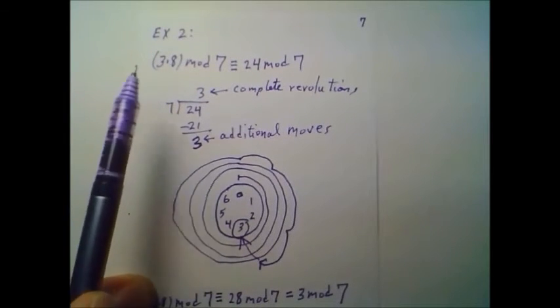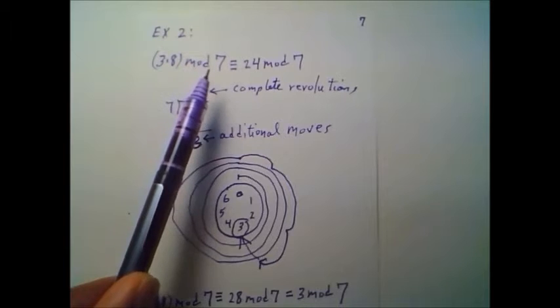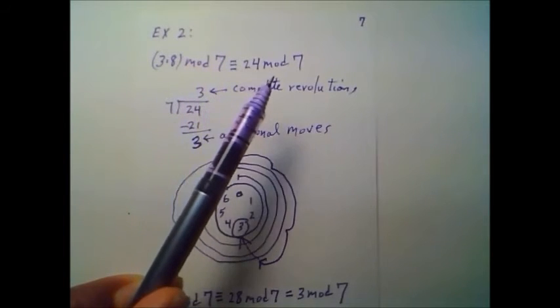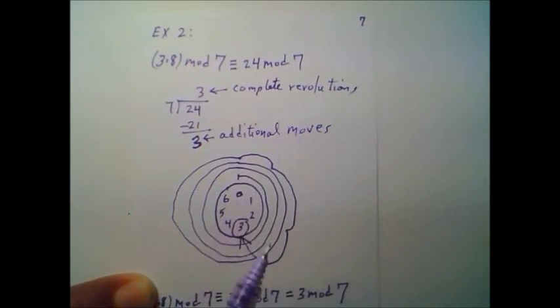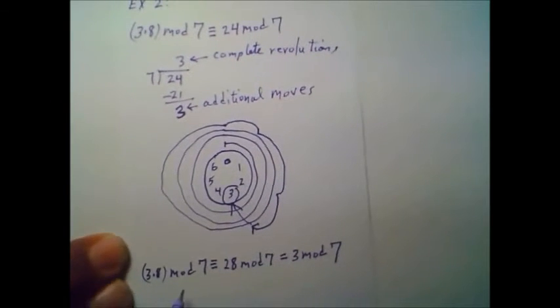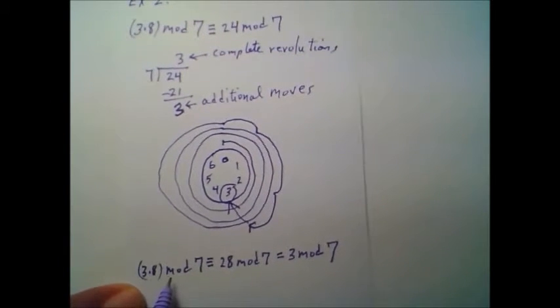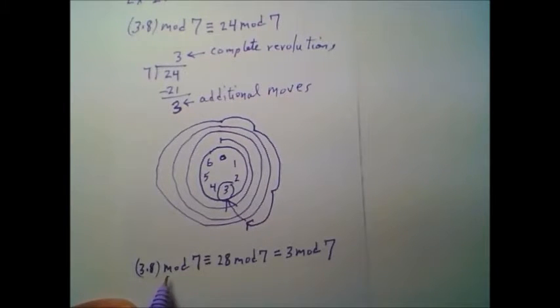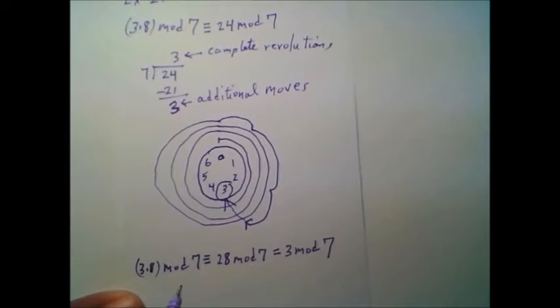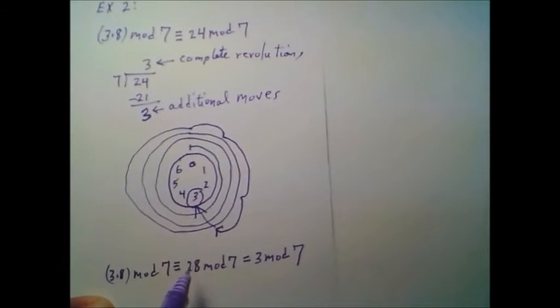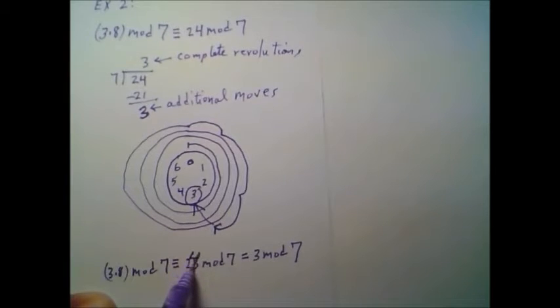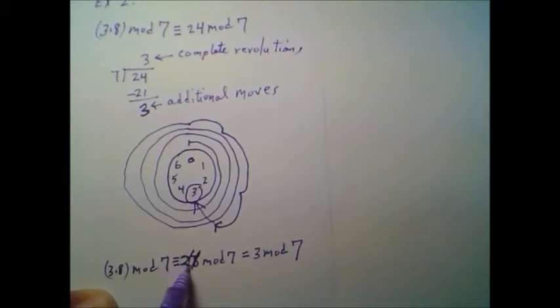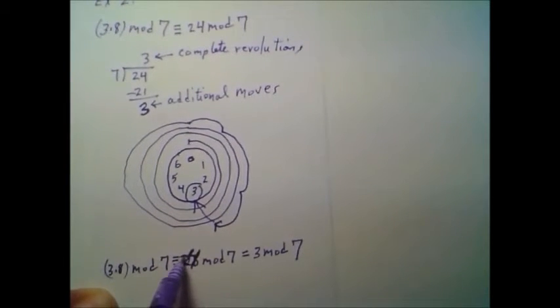So that means that 3 times 8 mod 7 is identical to or congruent to 24 mod 7, which is equal to 3 mod 7. So that's what I've written down at the bottom here. We have 3 times 8 mod 7 is identical to 24, right? 3 times 8 is 24.